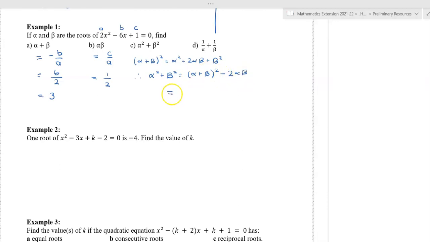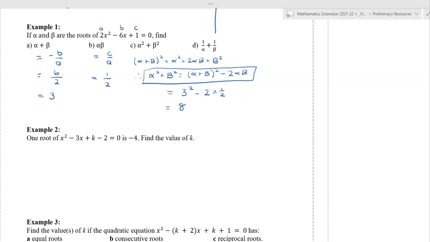And in the previous question, part A, I worked out alpha plus beta was 3 squared minus 2. Alpha times beta was a half. So I'm just subbing them in. So that's 9 minus 1, 8. So this is a very handy trick. Some people will just remember this, or you can just derive it quickly.